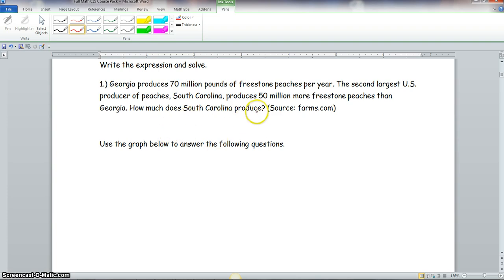So, since we know it's more than, what we would do is take how much Georgia produces, which is 70 million, and we would add 50 million.